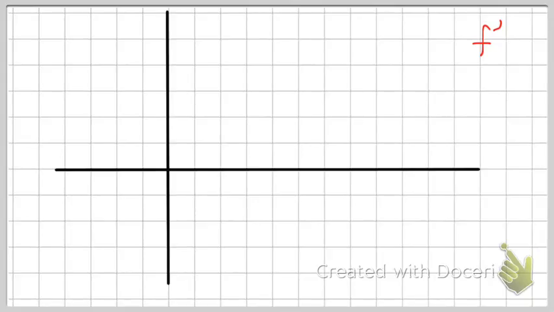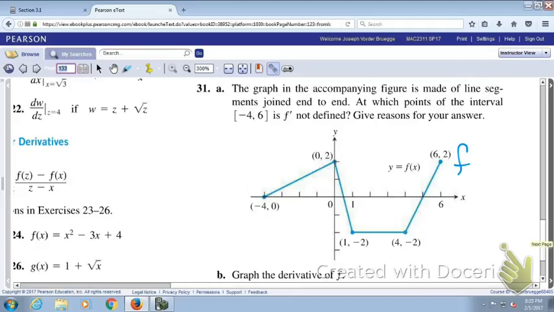Now, what is one of the interpretations for the derivative? Slope. You guys agree? So if I look at my original function, if I know what the slope is, then that is the derivative at that point. Now, this consists of line segments, and nicely, you have a constant slope along a line segment, right? You guys agree?